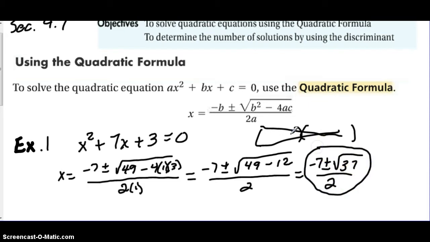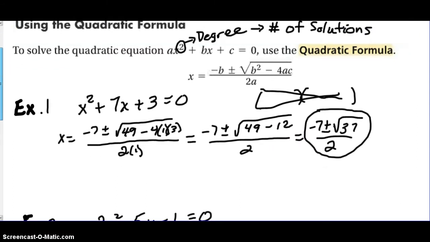Remember, though, this is a quadratic, and the highest exponent actually tells you your degree and also tells you the number of solutions. That's number, not hashtag, of solutions. Here we have two solutions.